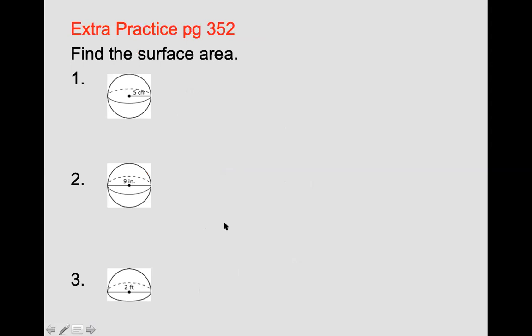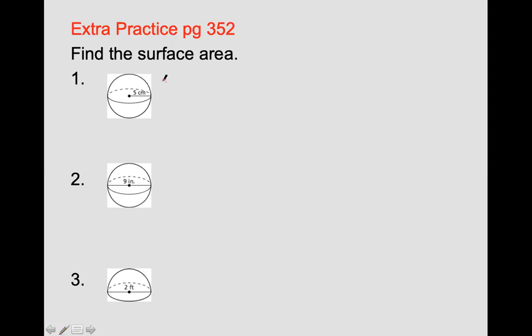All right, we're going to jump to some extra practice on page 352. So the first one asks us to find the surface area. So we're going to use our surface area formula. Let me grab my pen. So we're going to use the formula.